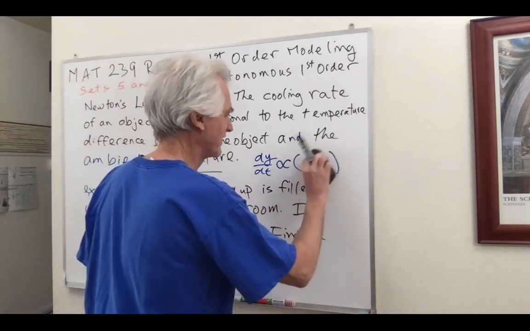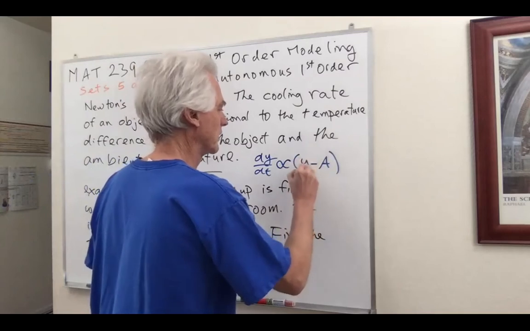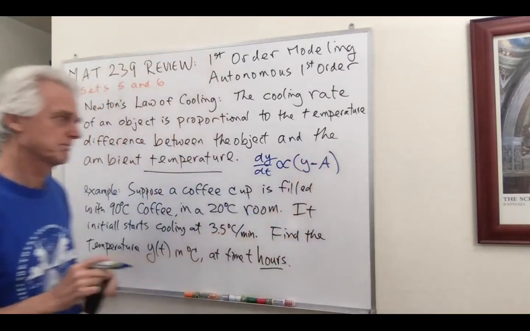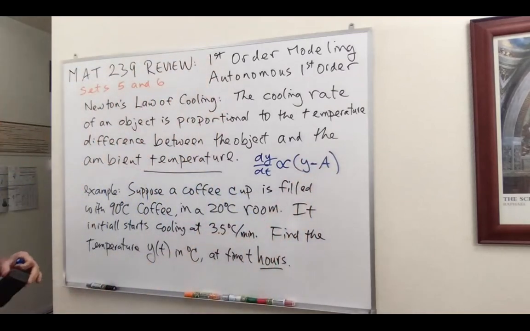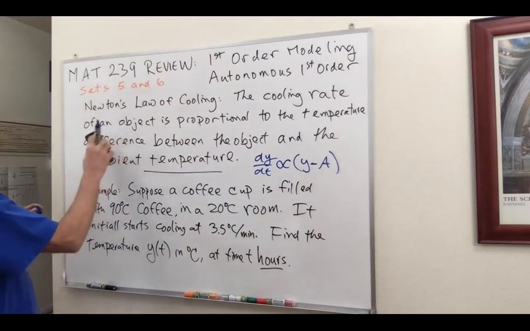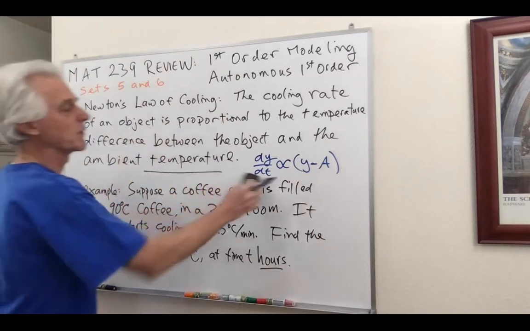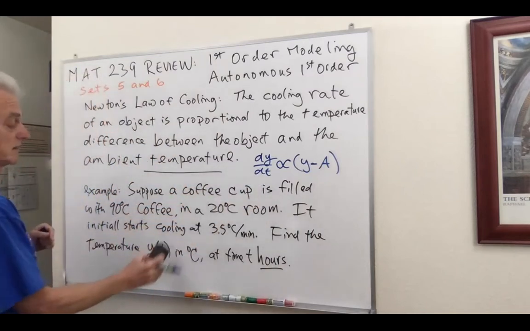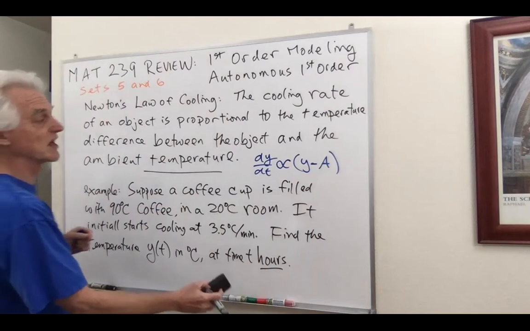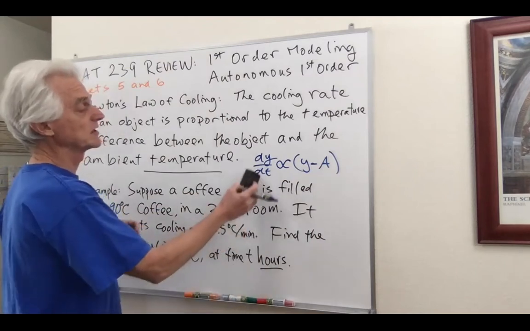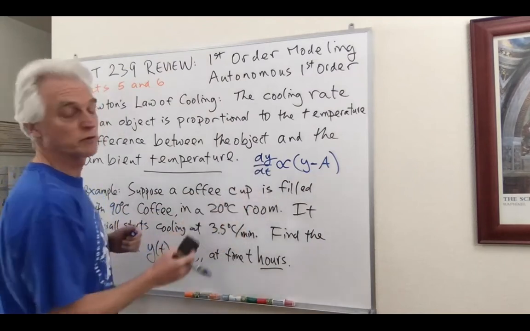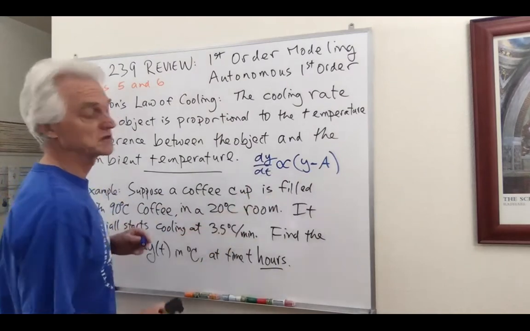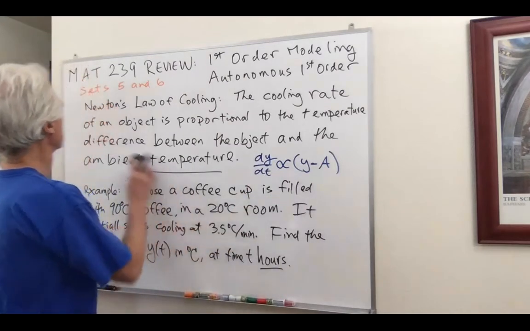We're using y. It's proportional to y minus A. And that's what this law says. The cooling rate, dy/dt, because y is temperature, t is time, is going to be degrees C per minute, and it's going to be proportional to the temperature difference.